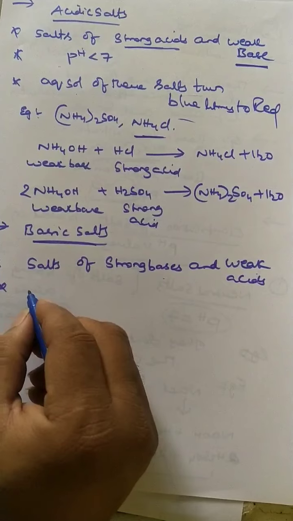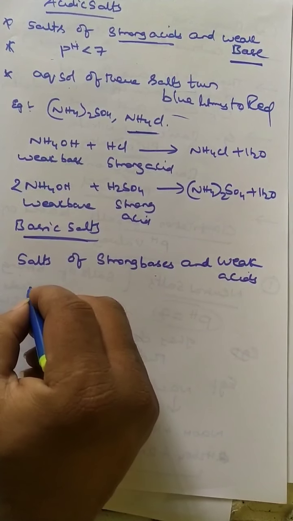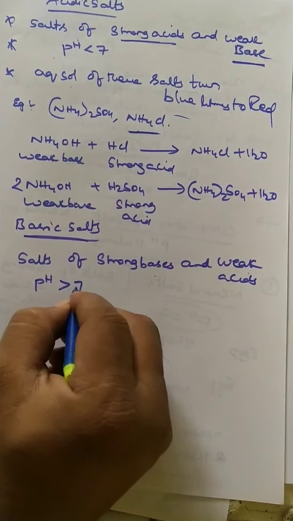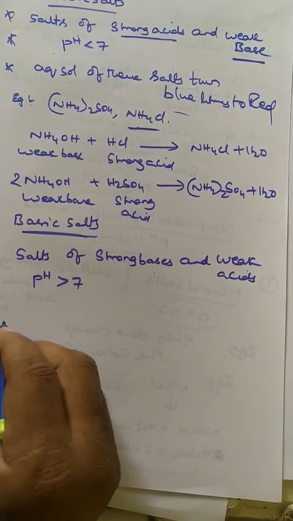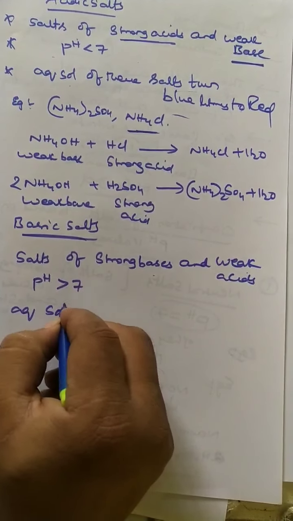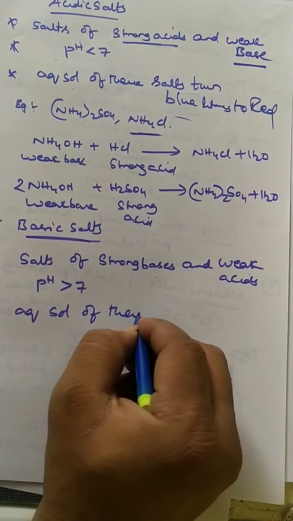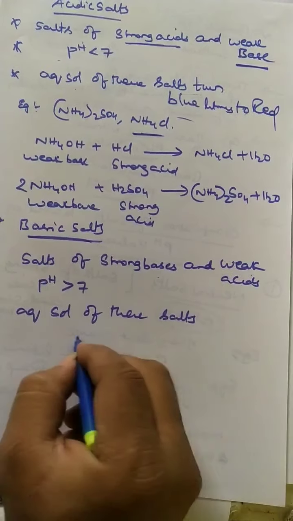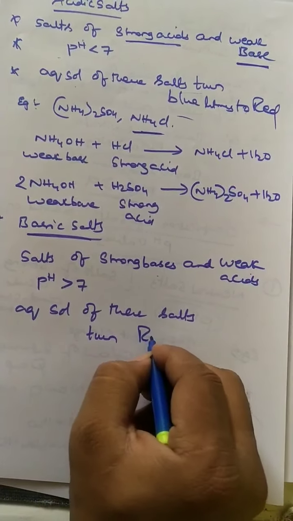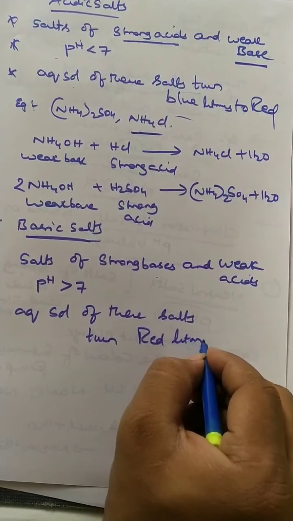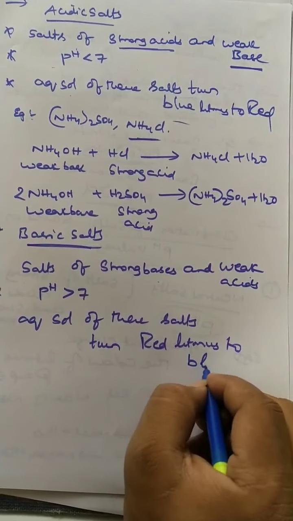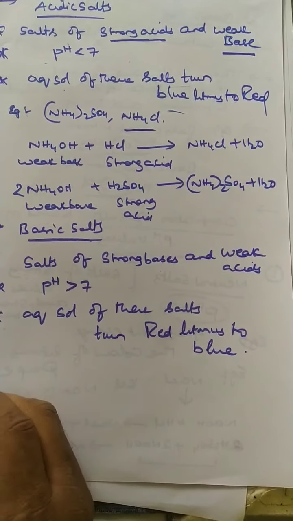Generally they are basic, alkaline in nature. pH value is greater than 7 for the aqueous solution of these salts, and aqueous solutions of these salts turn red litmus to blue.